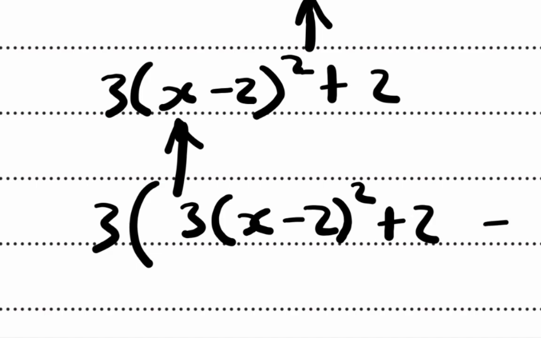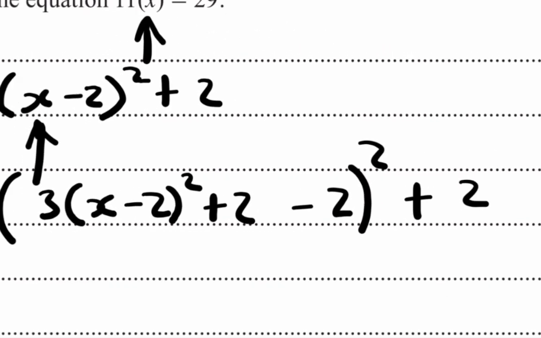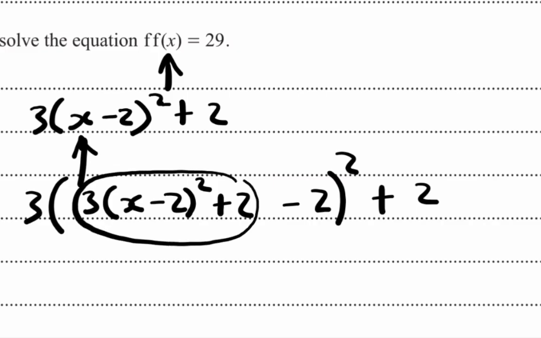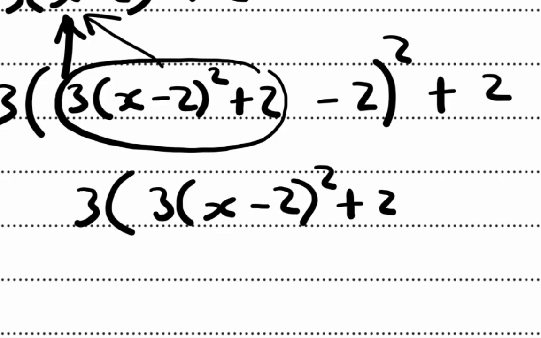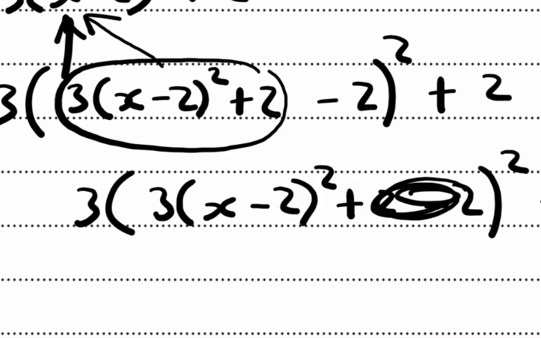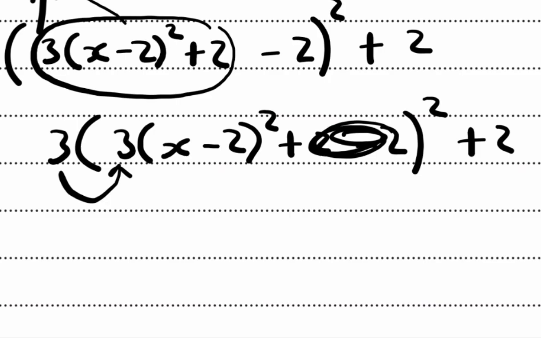Then we say minus 2 squared plus 2. We just put f of x where we have x here, and so it's 3(3(x minus 2) squared plus 2 minus 2) squared plus 2, and these two will cancel out.